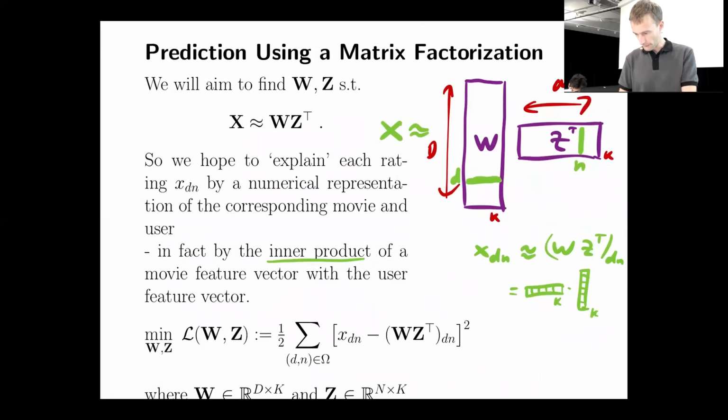So this is the true value X, which you can think of as the label, or the rating. This is from 1 to 5 stars, and then this is what your model predicts, which can be 3.5, or it can be any number.